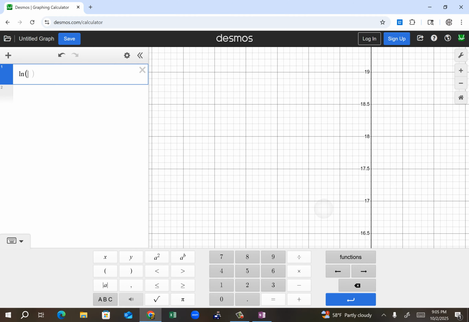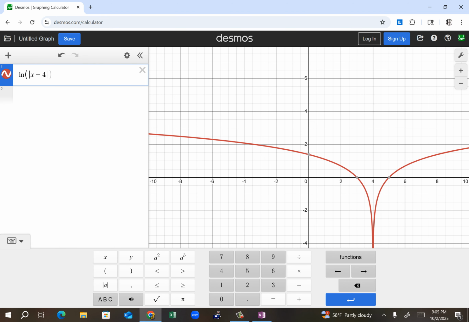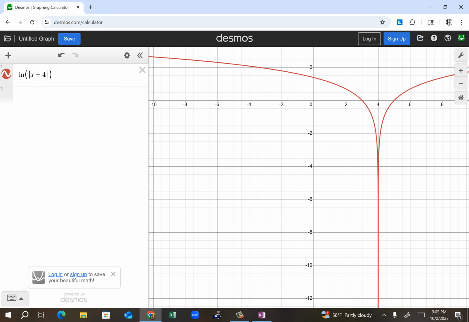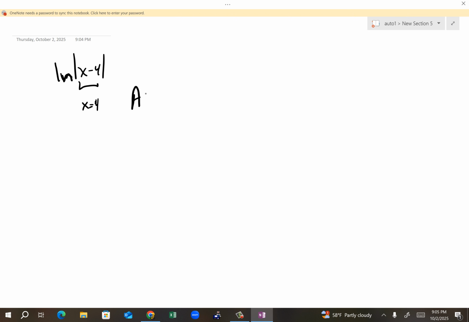Other times you're like, I need a graph. So I'm going to make a graph. Oh dear, it's an asymptote. Yes, it's an asymptote. Or again, if you prefer, it is an infinite discontinuity. Okay, cool.